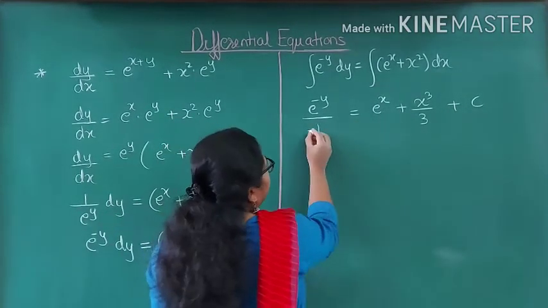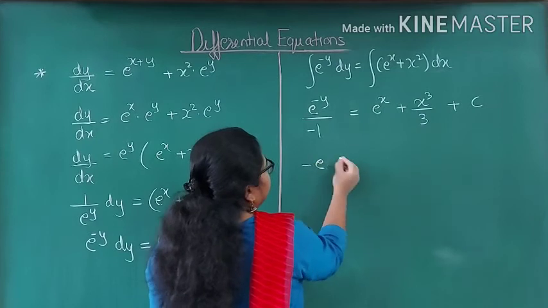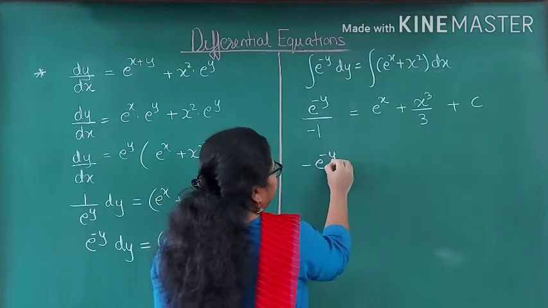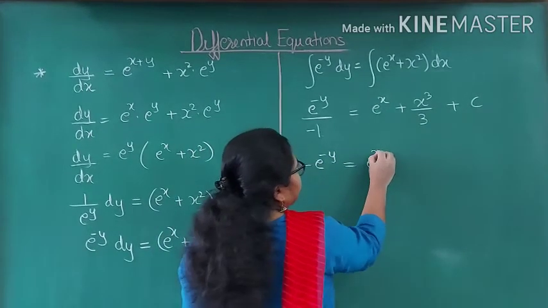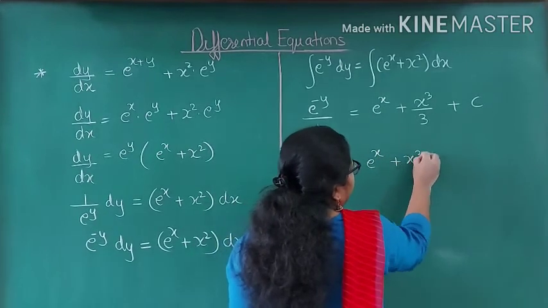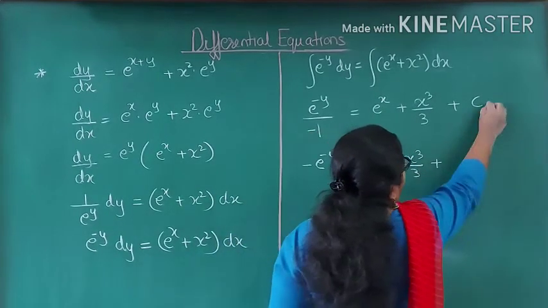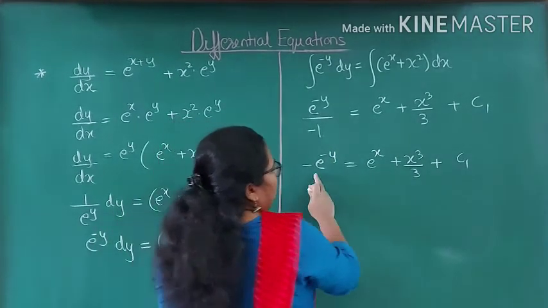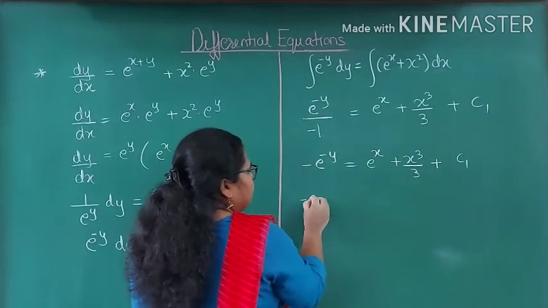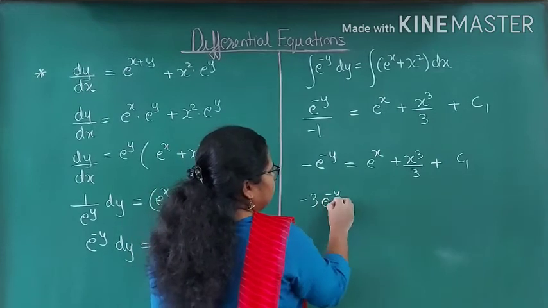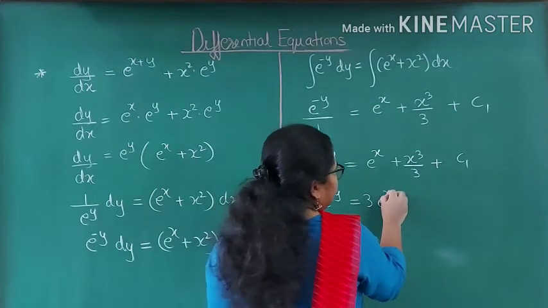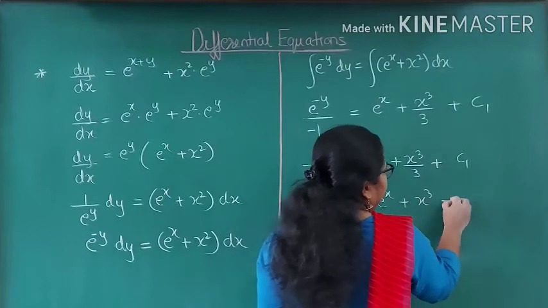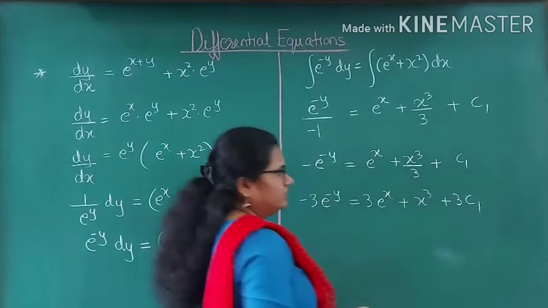So you can write this as minus e raised to minus y equal to e raised to x plus x cube upon 3 plus, if you want, we can take this c1 so that we simplify it. So overall you have to multiply by 3. So minus 3 e raised to minus y equals 3 e raised to x plus x cube plus 3 into c1.